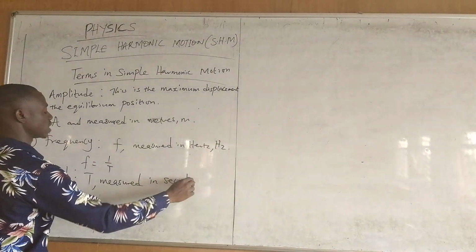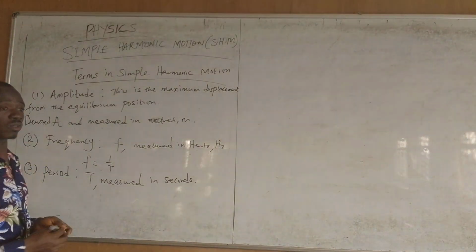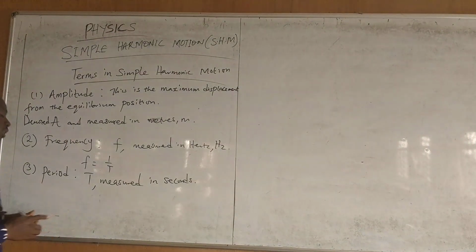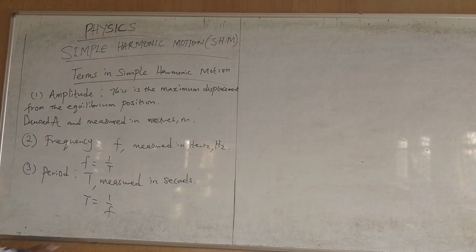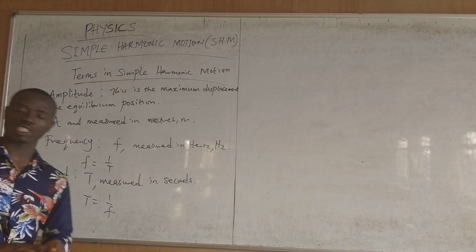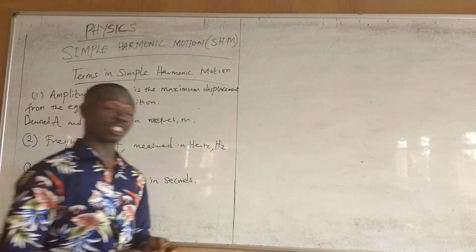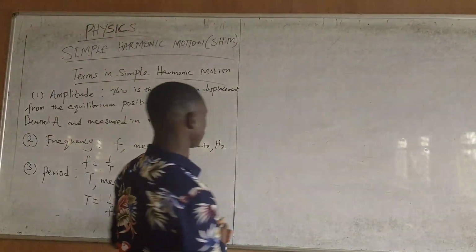So even if you are given a minute, you have to convert to seconds. Then you can also write that T is equal to 1/F. So as frequency is the reciprocal of period, period also can be expressed as the reciprocal of frequency.